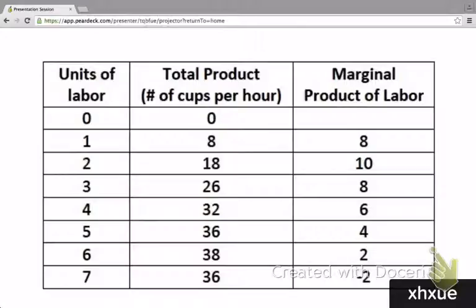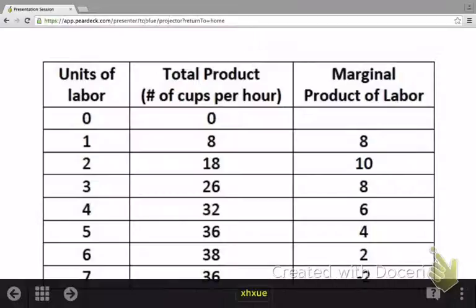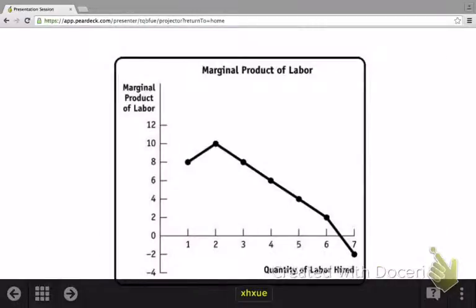So suppose the price of lemonade is $2 per cup. Well, we can add a column to the table and compute the value of the marginal product of labor.